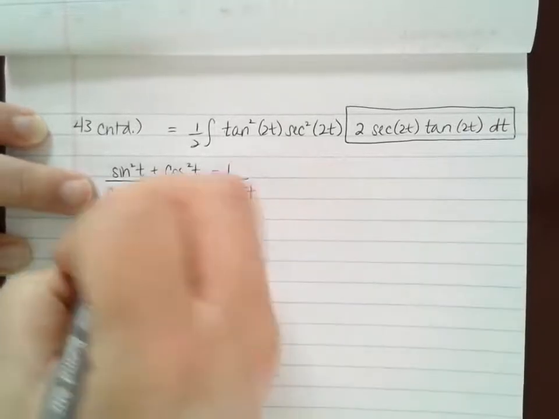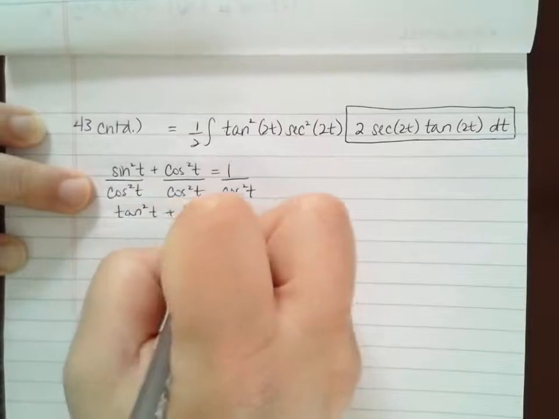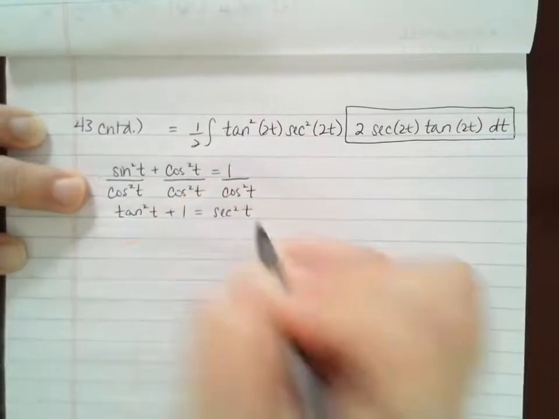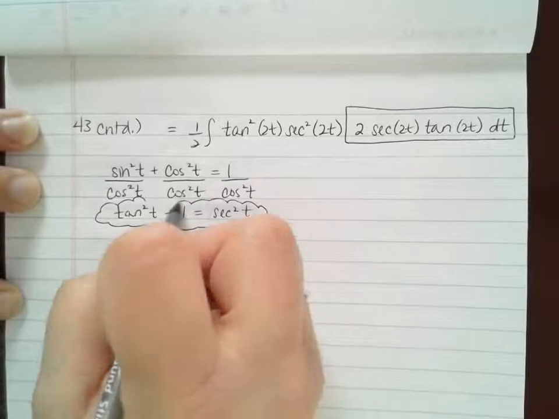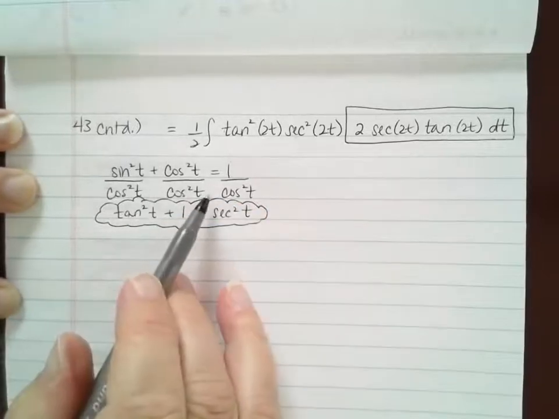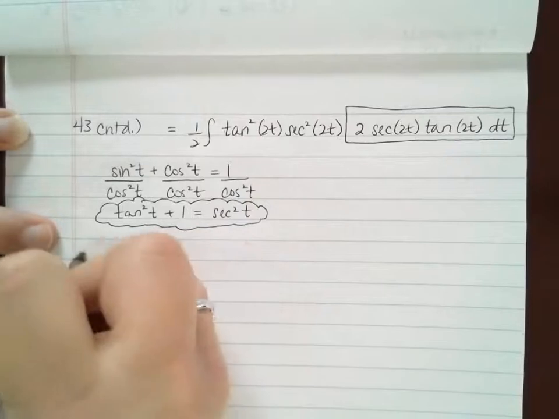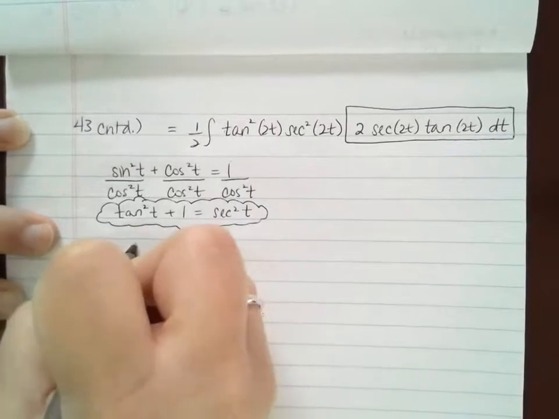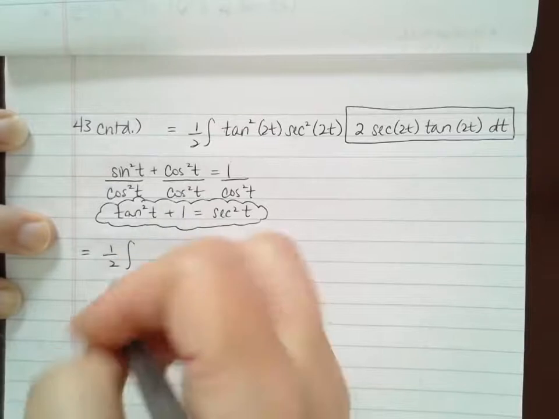So I'm looking at the new identity, tan squared plus 1 equals secant squared. You can either have that memorized or just know that it's easily manipulated from the original identity. All right, so tan squared is going to get replaced with secant squared minus 1.